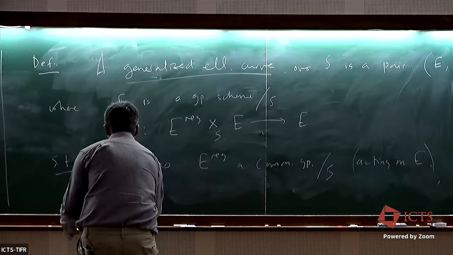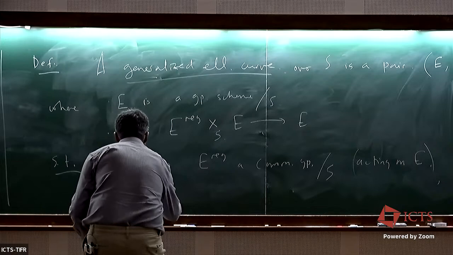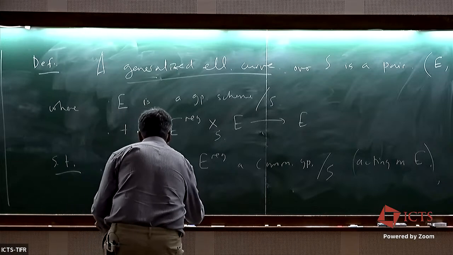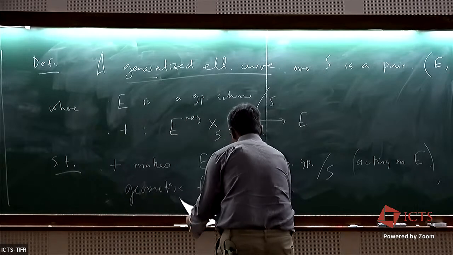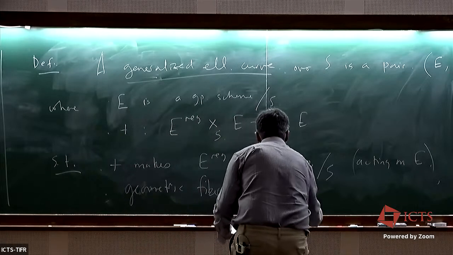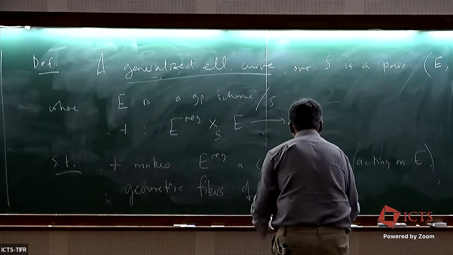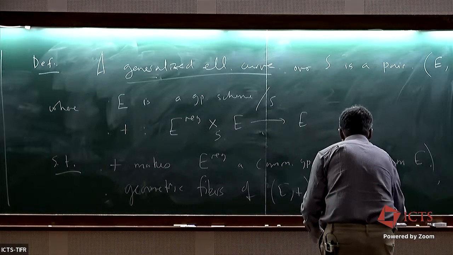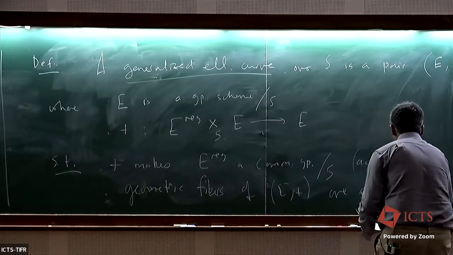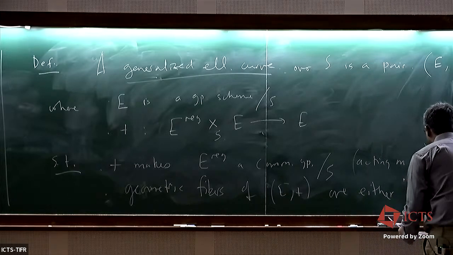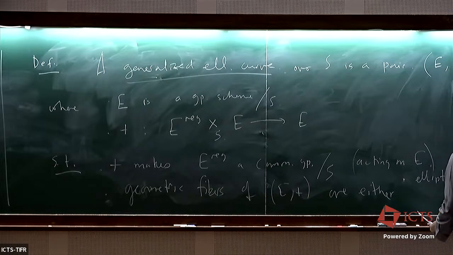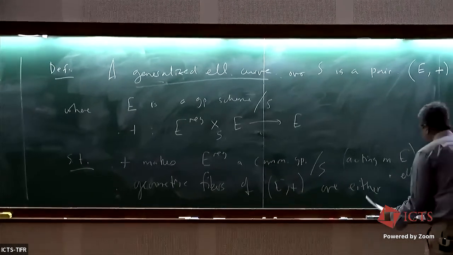Okay, so this one's important. The geometric fibers of (E, +) are either elliptic curves, smooth, or Néron n-gons.